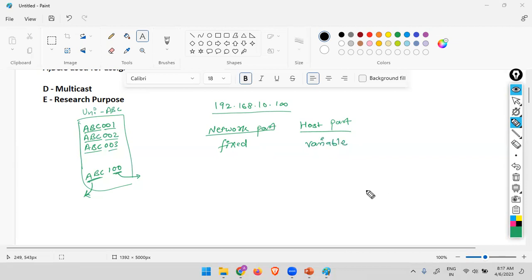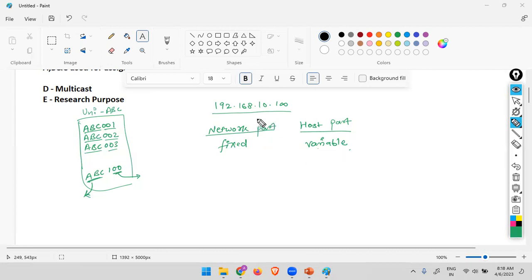If we discuss one university, this will remain the same. Same way, if we discuss one network, this network part will remain the same. And the host part is going to vary. It is going to start from minimum and reach until maximum. So this is fixed, this is variable.